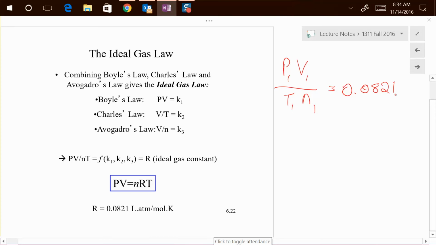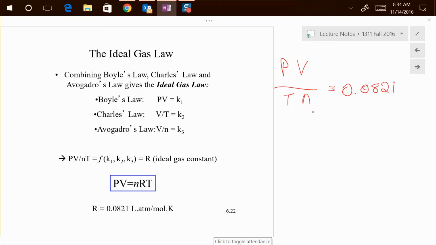0.0821. This is called the ideal gas constant. Okay? So if you have a gas that is dealing with pressure, volume, temperature, and moles, it will equal 0.0821.